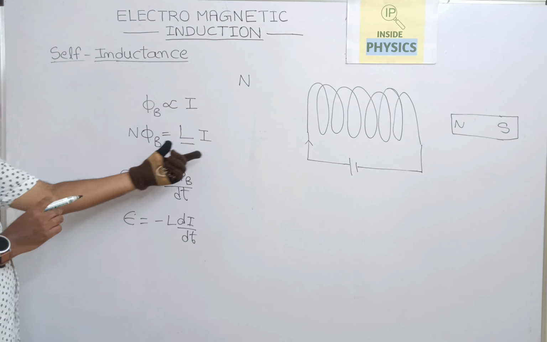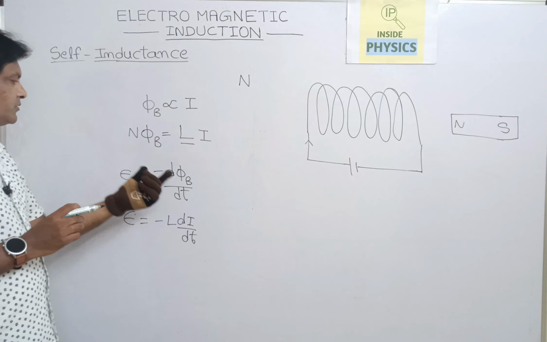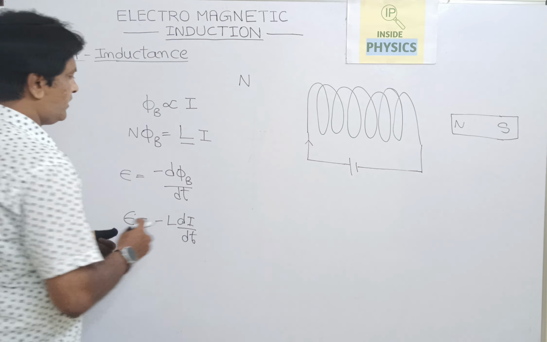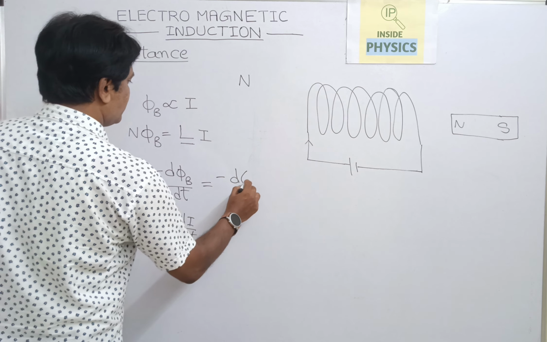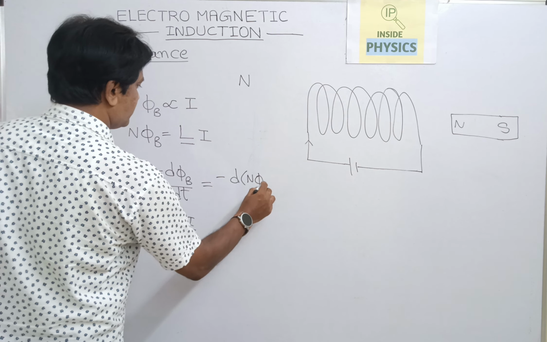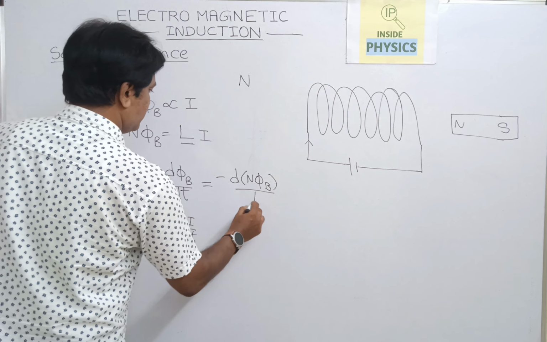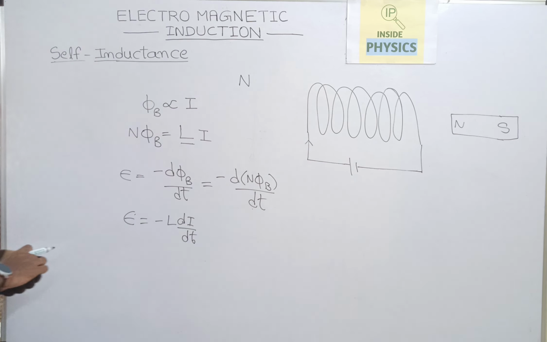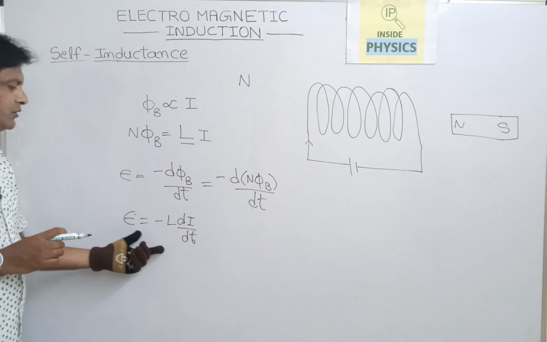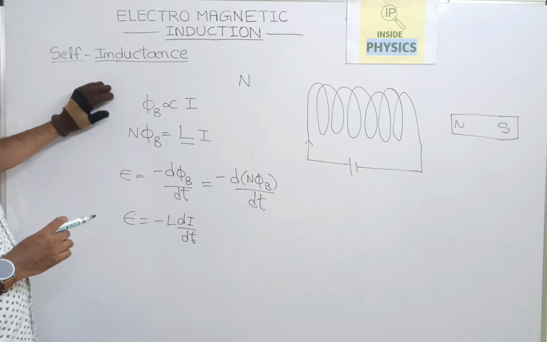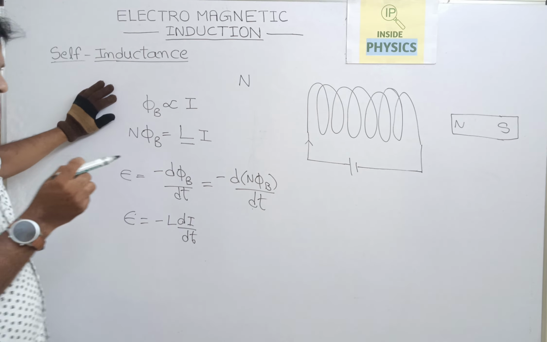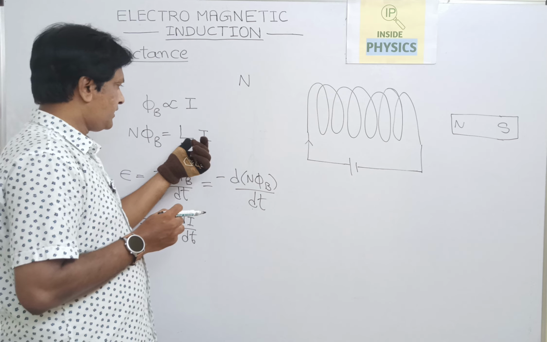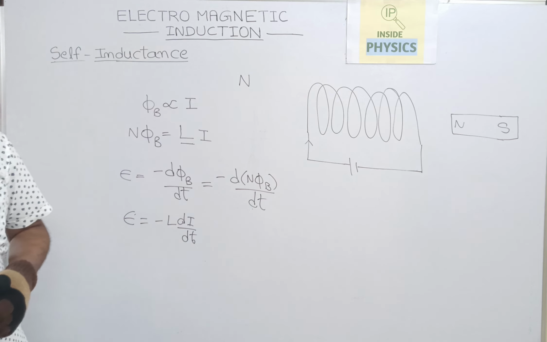I have taken this and substituted here, and if you have N number of turns, you can write it like this by dt. That gives the induced EMF.